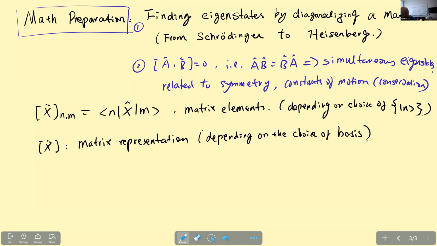Okay. Right. So it's a representation. Okay. And the specific form of the matrix elements depends on the choice of the basis. So that means if you have a different choice of basis, of course it will be different, right? So that's one thing.